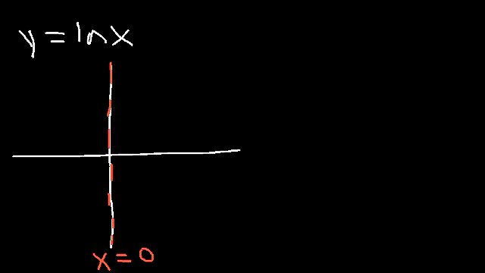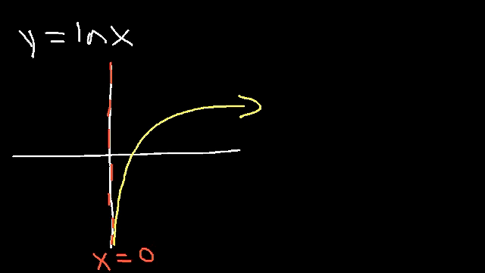I meant to say that the exponential function had a horizontal asymptote at y equals 0, and for this one, it's x equals 0. Because they're inverses of each other, everything is switched. The horizontal asymptote of the exponential function is now the vertical asymptote of the natural log function. Now this function is going to increase, but at a decreasing rate.